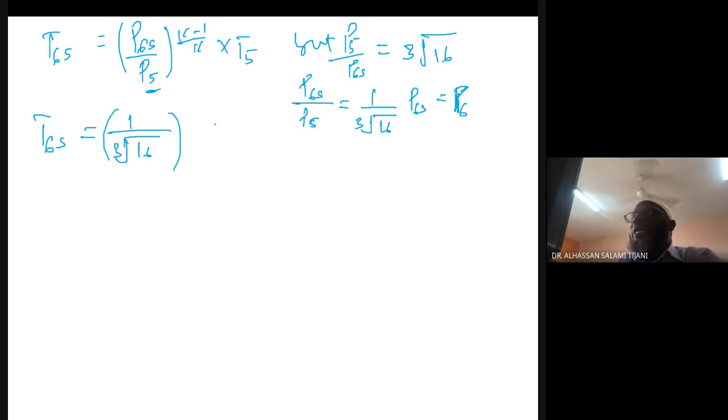K minus 1 over K, where K equals 1.4. So here I'll have 0.4 divided by 1.4 times T5.